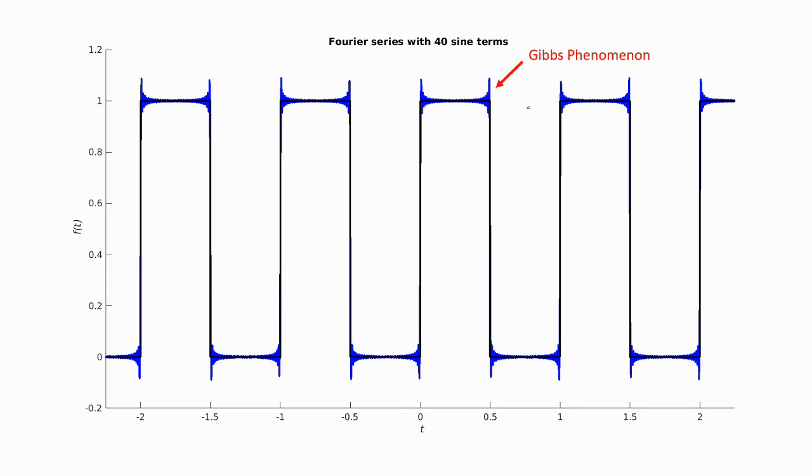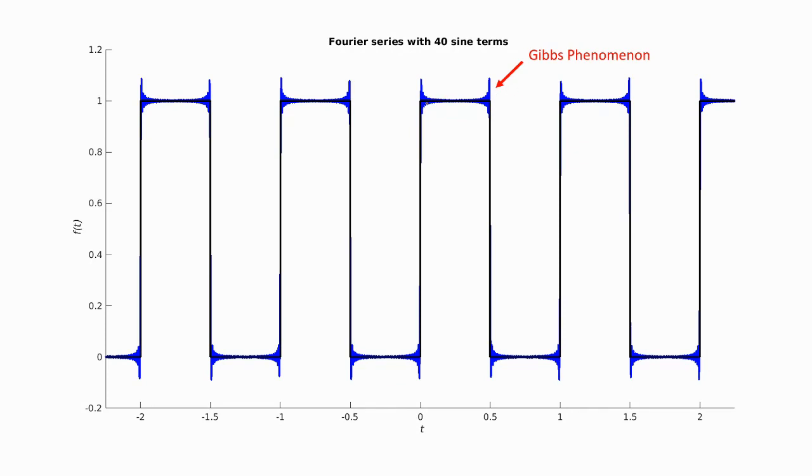This phenomenon where the Fourier series overshoots is known as the Gibbs phenomenon. The reason for it is that we are trying to represent a discontinuous function. Here we have a discontinuous function, and we are trying to represent it using a finite number of continuous harmonic functions.